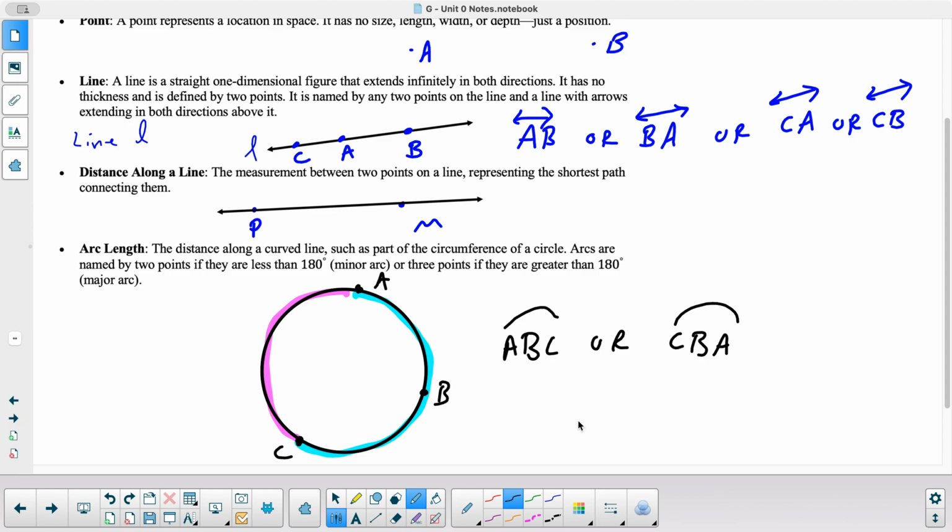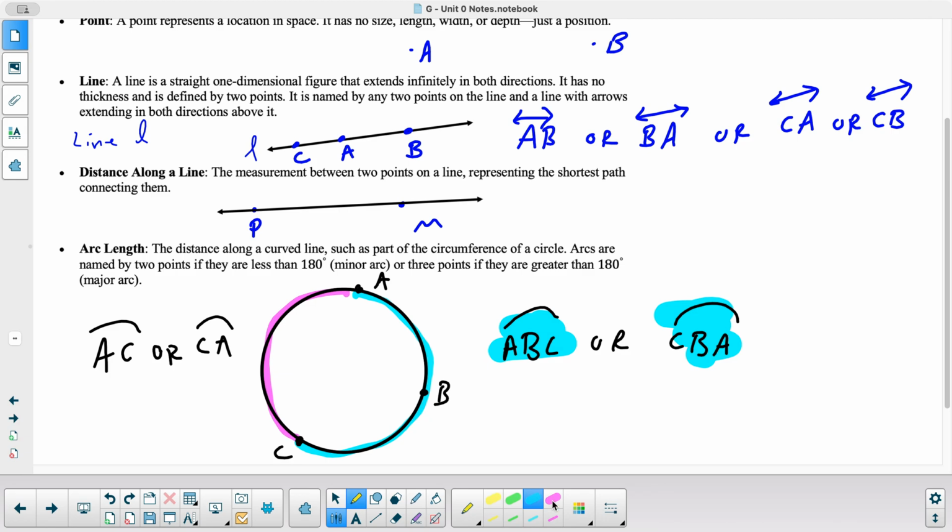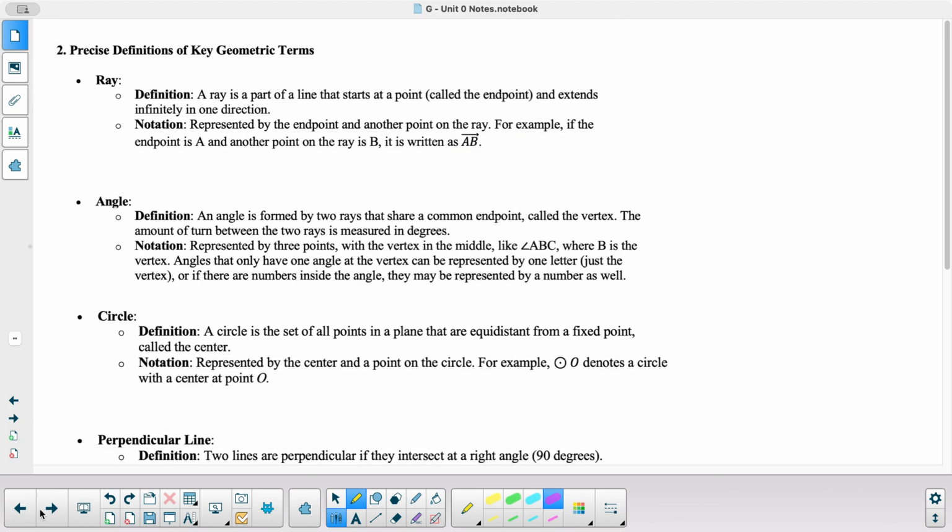Either way, it's the same, but you have to have 3 points with those. Okay, and then the smaller one would be arc AC or CA. Make sure it's an arc, not a line, or make sure it's curved there. And there you go. All right, some other stuff here.